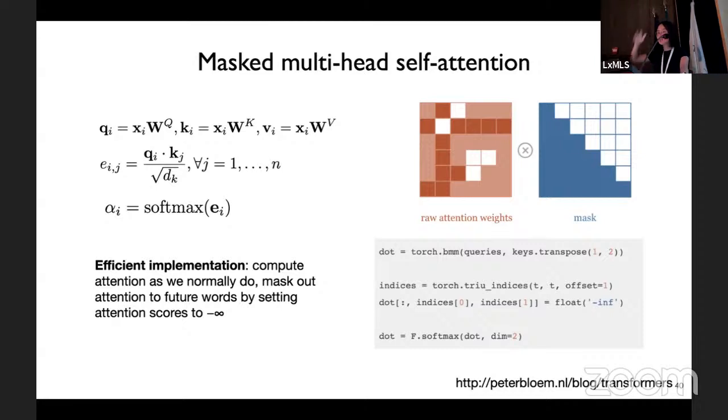We set all these values to be a very, very negative value. And then we do the softmax as we normally do. That will naturally give you probabilities of 0 above the diagonal. So you just need to do the weighted sum on this side of the diagonal to make sure that the words will not attend to the future context. So this is basically the masked self-attention that has been a very important component of the decoder.